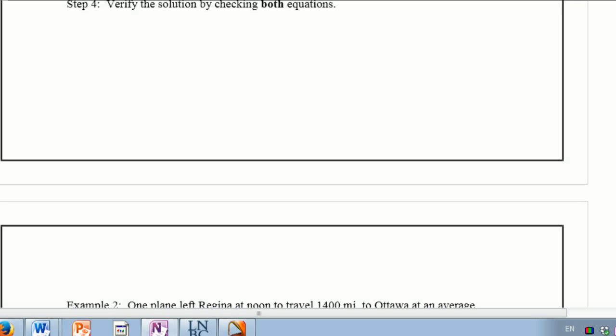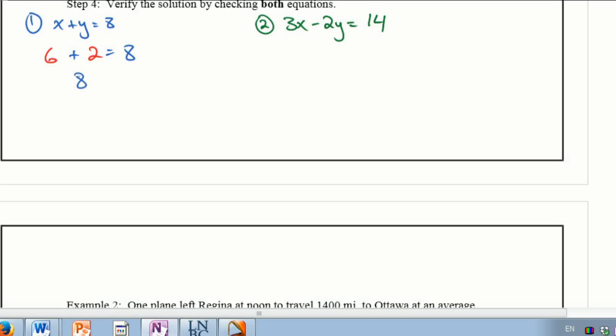I had equation number 1, which was x plus y is 8, and equation number 2, which was 3x minus 2y equal to 14. So I'm going to plug in my point. I get 6 plus 2 is equal to 8, and 8 is equal to 8, so that's good.